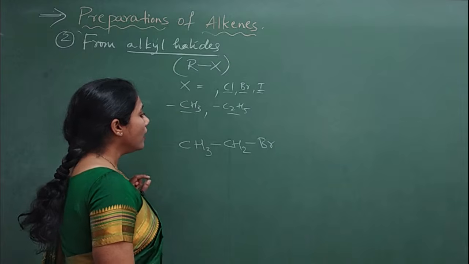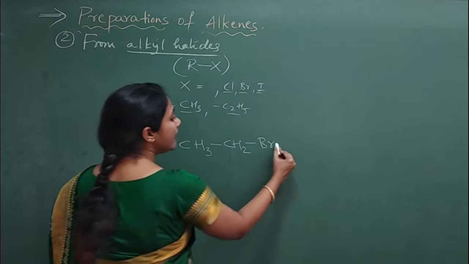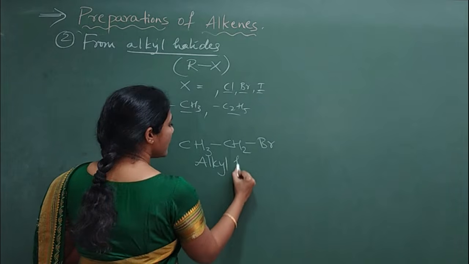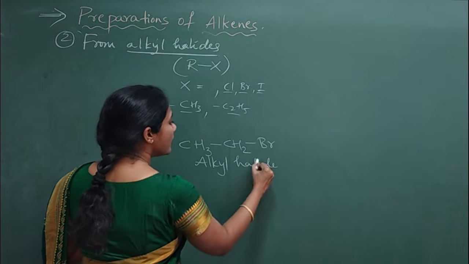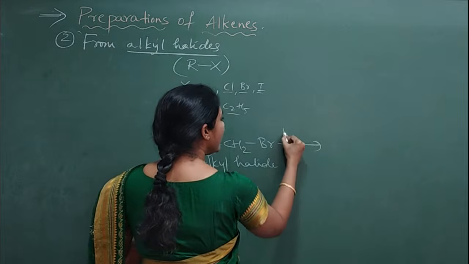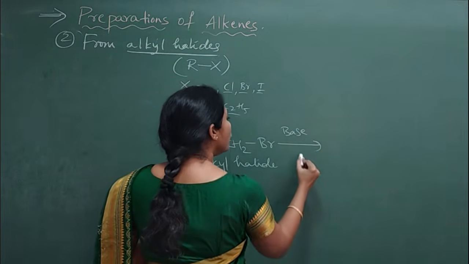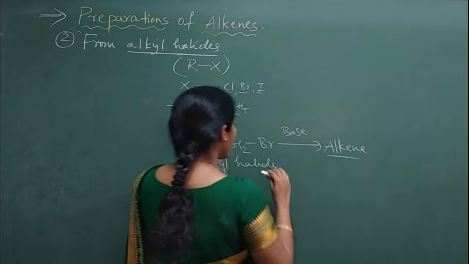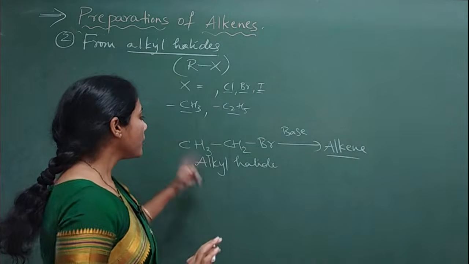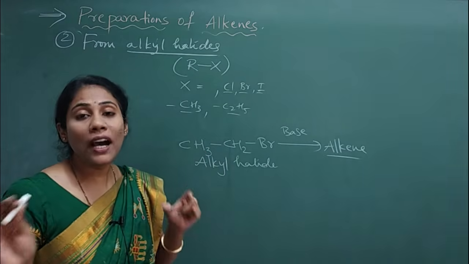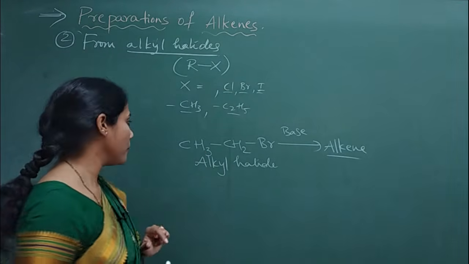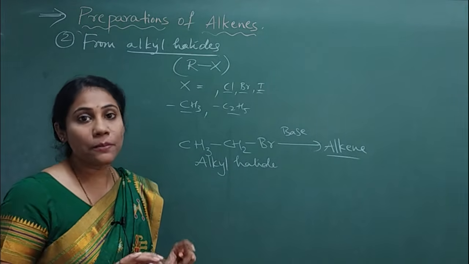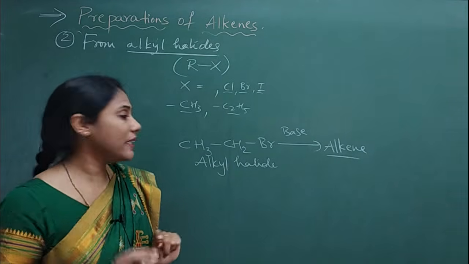Now this one is an alkyl halide, and when you treat it with a base, you will actually get an alkene. So this is a basic reaction, guys. I'm going to show you how this takes place, along with the mechanism, so that you can understand it in a better way.